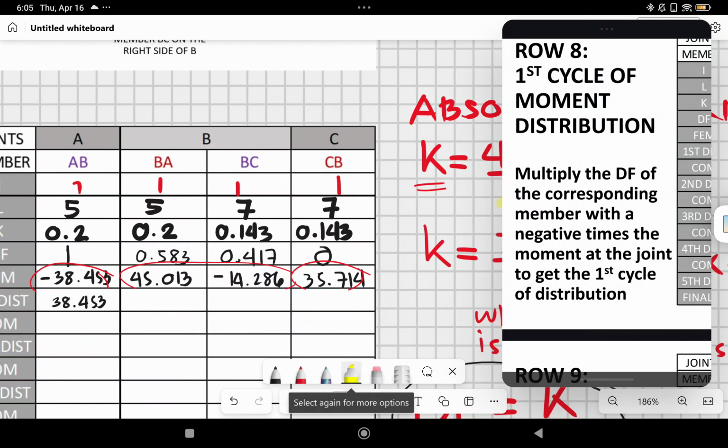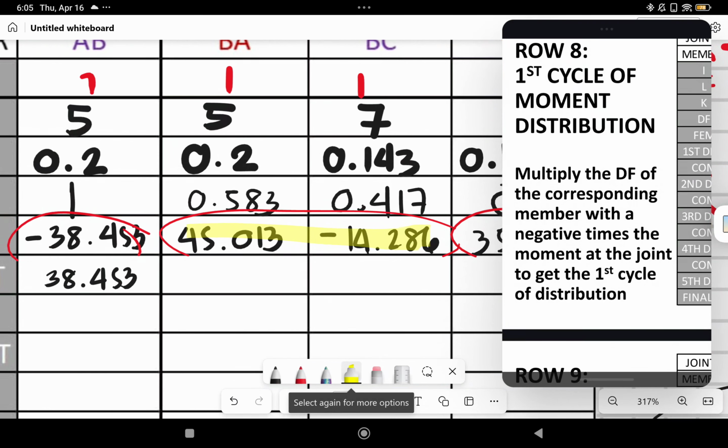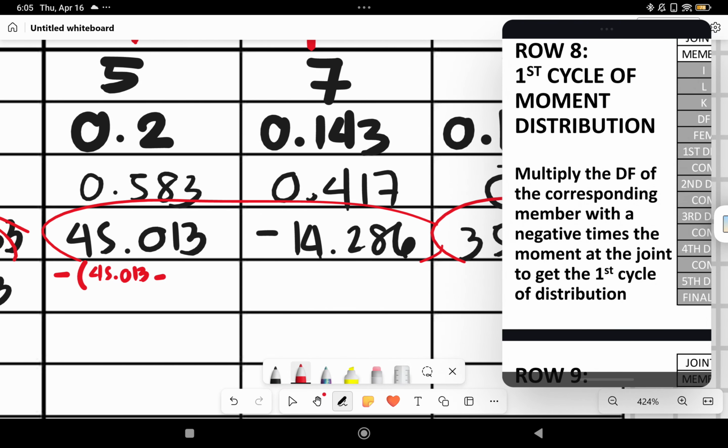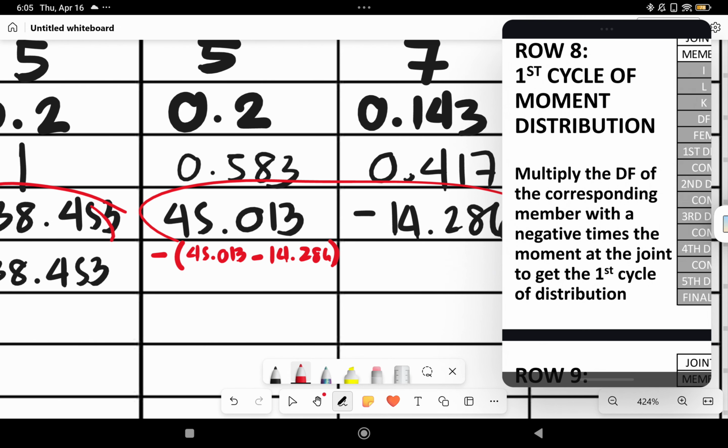So we just need to add them. Again, we apply a negative sign before we add. So that is 45.013, plus, since that one is negative, minus 14.286. Okay? And then we multiply it by the distribution factor.